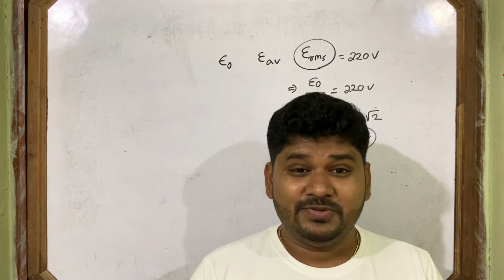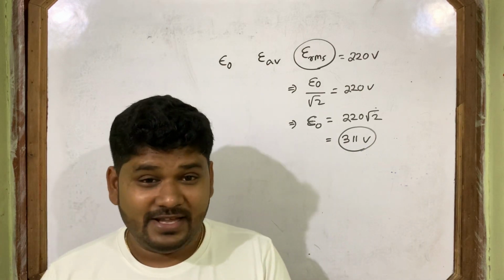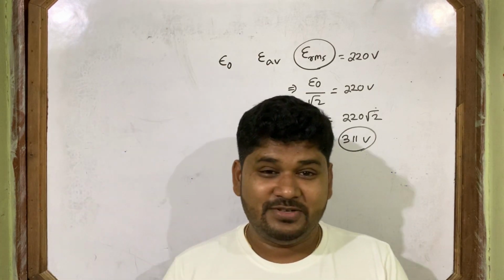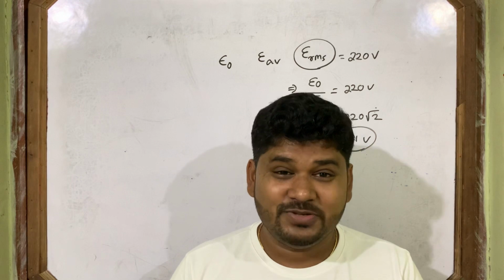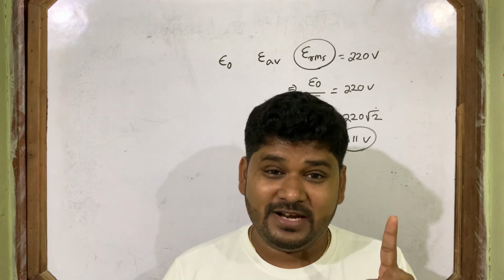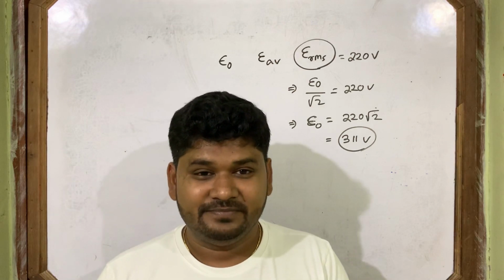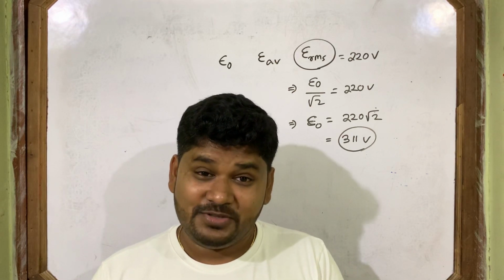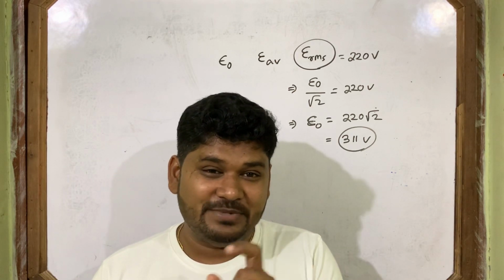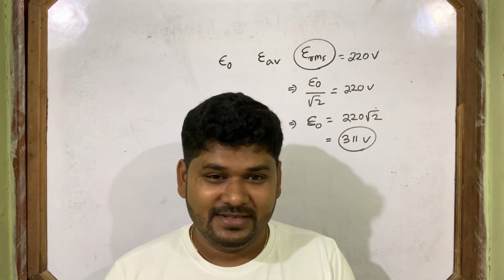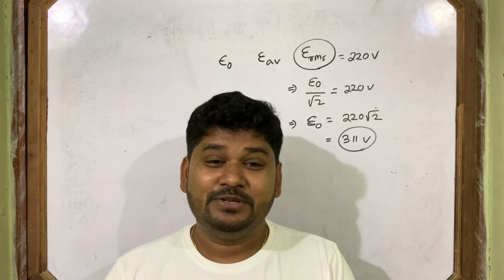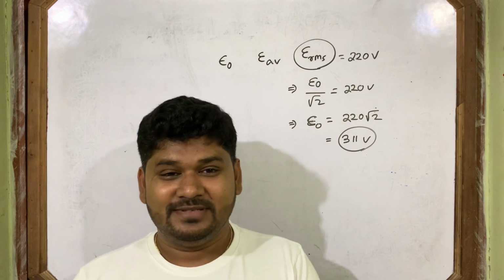Really, the persons who get the shock are not getting only 220, they are getting the shock of 311, because that voltage reaches 311. At the same time, the voltage in between also becomes 0 volt.